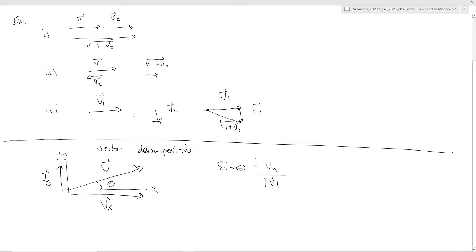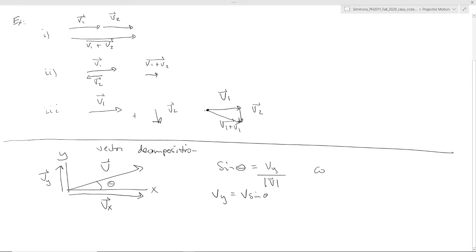So what this means is if you want Vy, you can get that by multiplying sine theta times V. And actually, let me just write it the other way around. This is how we usually write it. Okay, so that's the y component.